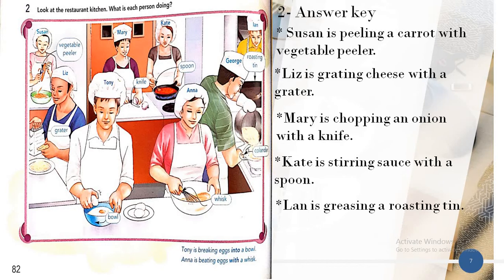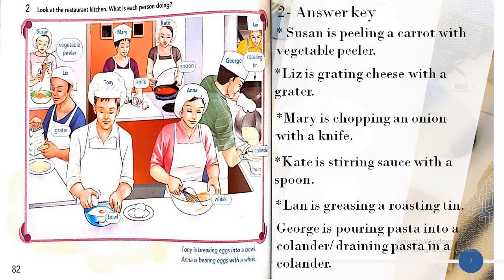Okay, Len is what? Look at Len, what he is doing. Yes, he is greasing a roasting tin. And the last one is George, pouring pasta into a colander, draining pasta in a colander.